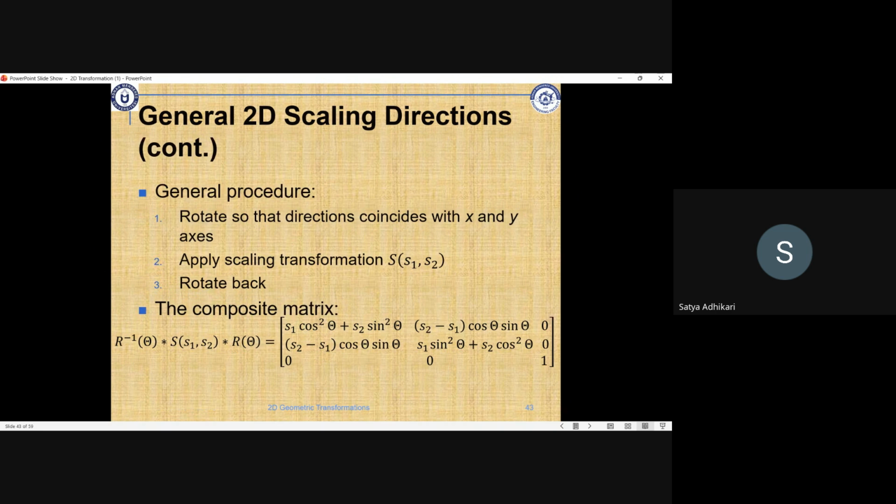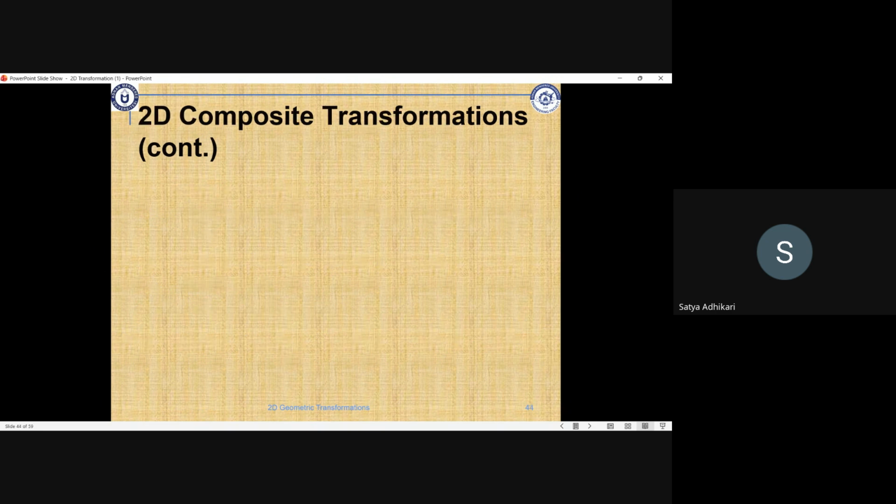Then apply the scaling transformation. Once the directions are along the X and Y axes, it is easy to apply the scaling factors. Once it is done, rotate back, that is, inverse rotation. So these are the matrices of the composite transformation.